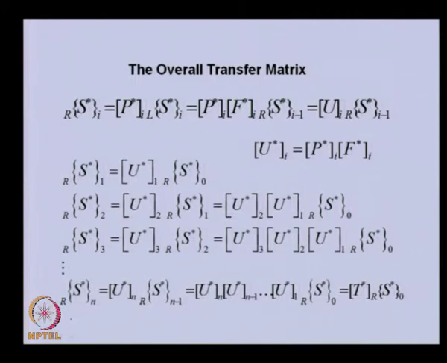So, earlier we derived the point matrix, which was relating the state vector right of ith disk to the state vector left of ith disk. Also, we related the state vector left of ith disk to the right of I minus 1 disk using the field matrix.